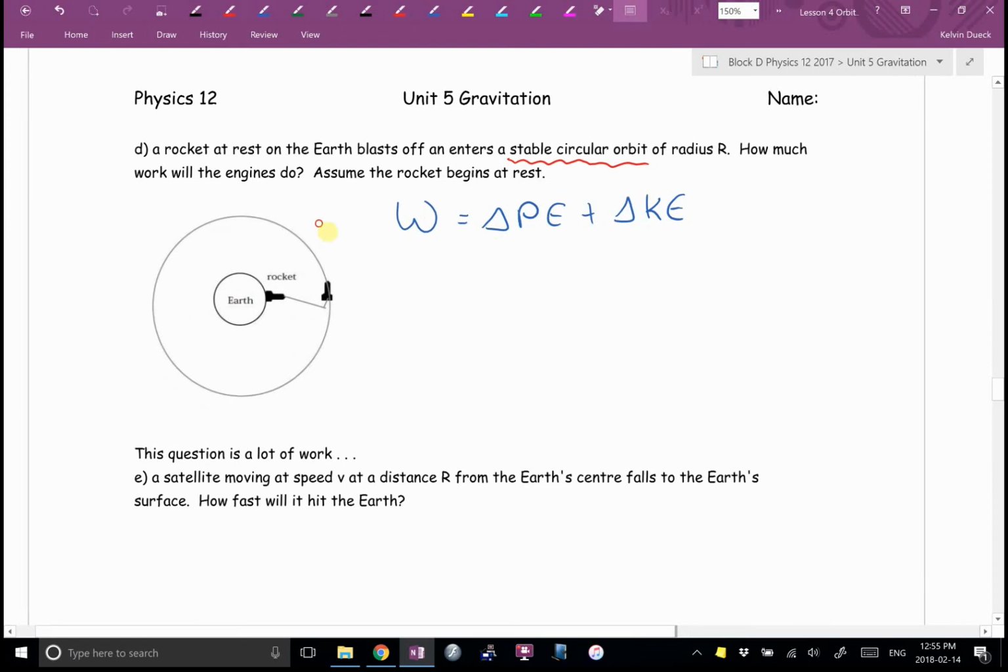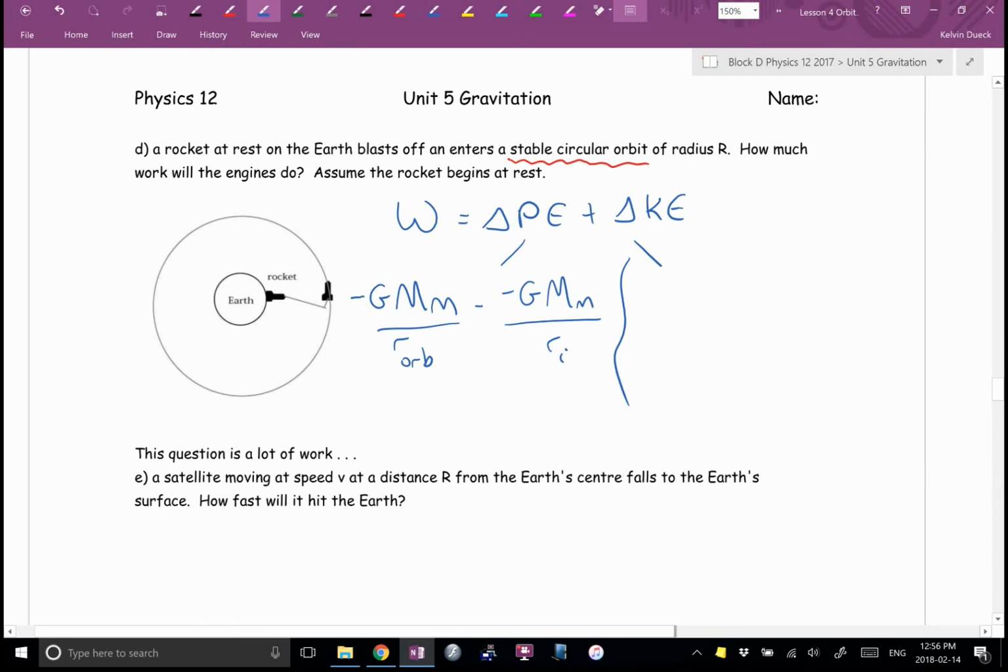And now I'm going to split these up a little bit. What's changed in anything? So this is going to end up being negative big G, big M, little m over R orbit, that's the final, minus negative big G, big M, little m over R initial, which is probably the Earth or whatever planet we start from.